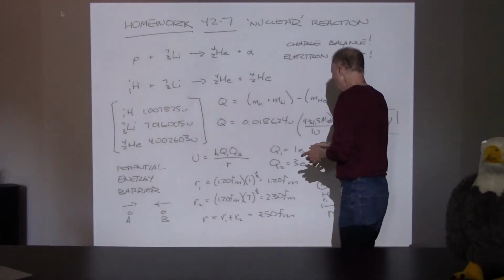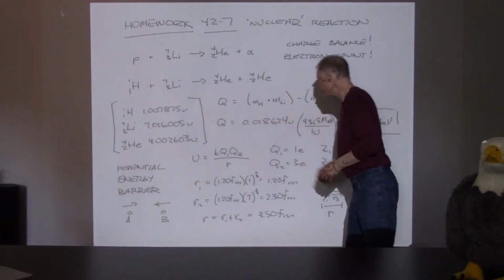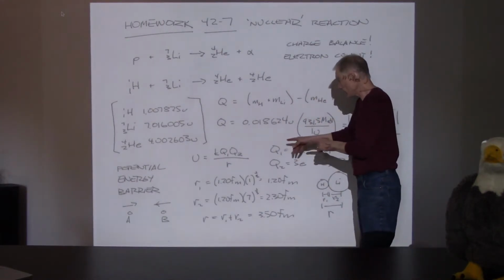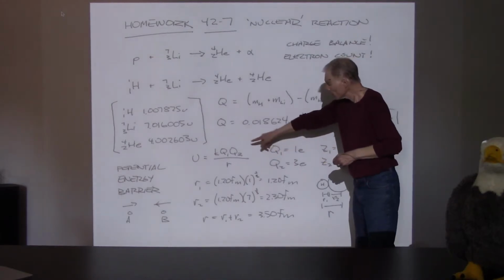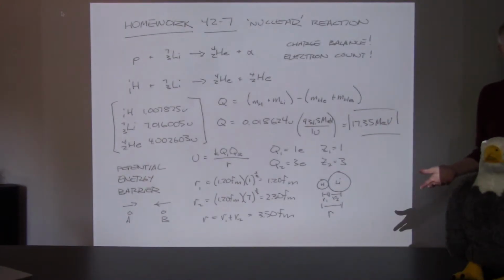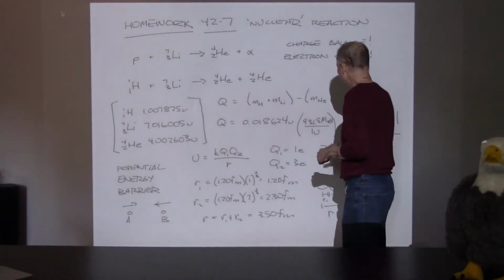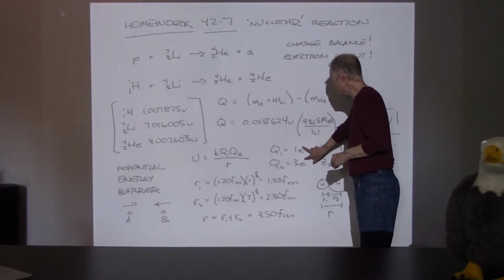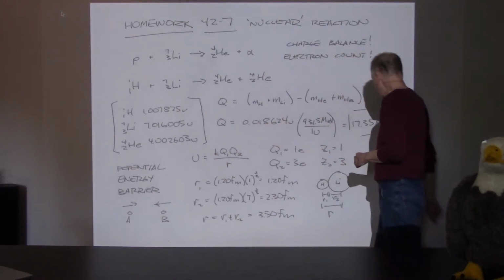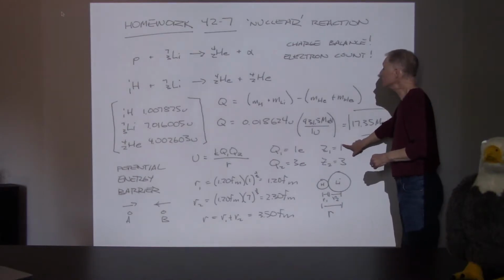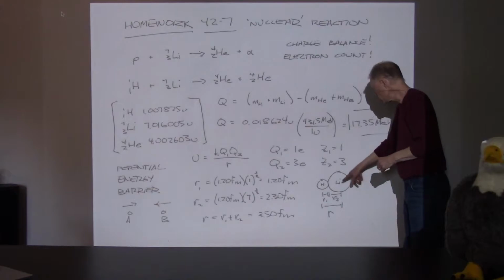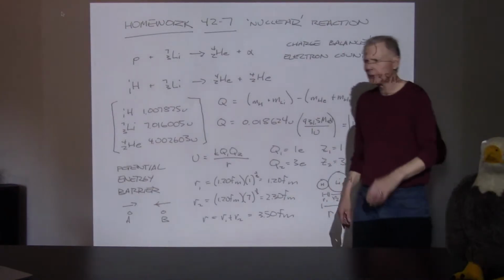Now, the Q values here are going to depend on how many protons there are in the nuclei. So here, the 1 and the 7, those were the number of nucleons in determining diameter. But in terms of determining Q values, those are just the protons. And so I'm going to say Z1 is equal to 1, Z2 is equal to 3. Here is a picture of kind of what's going on.